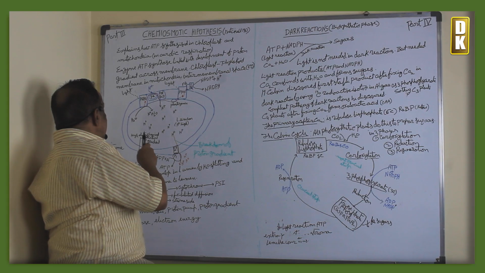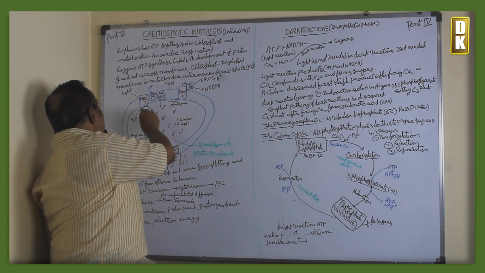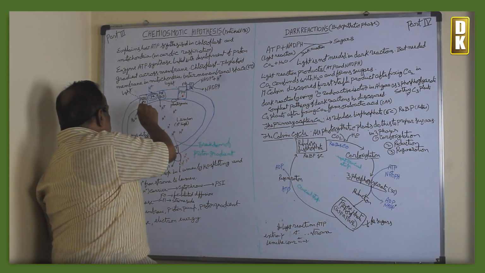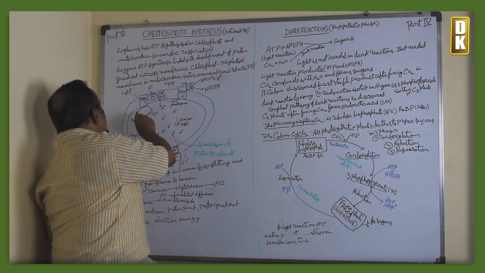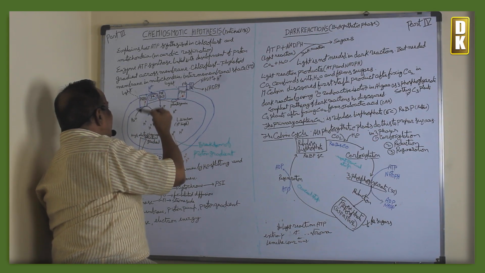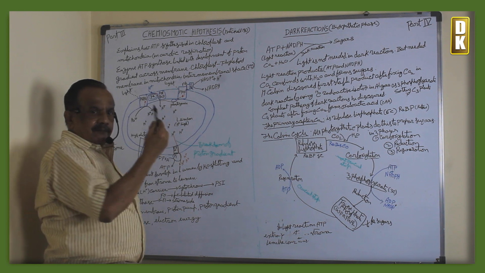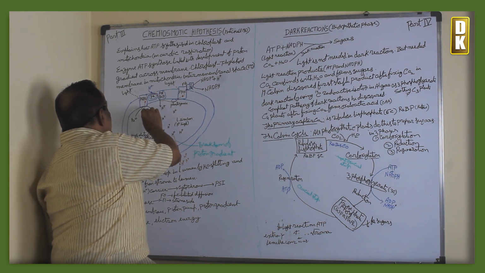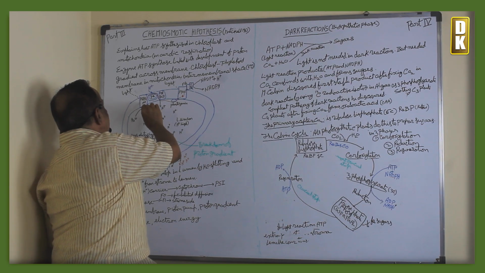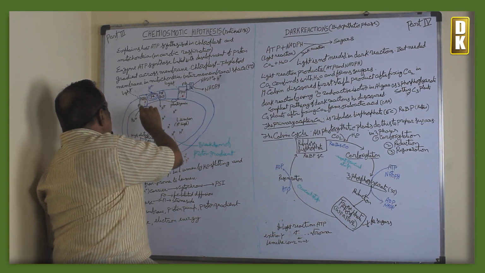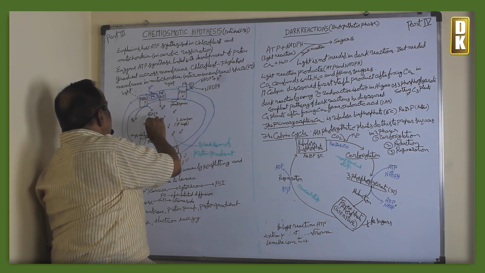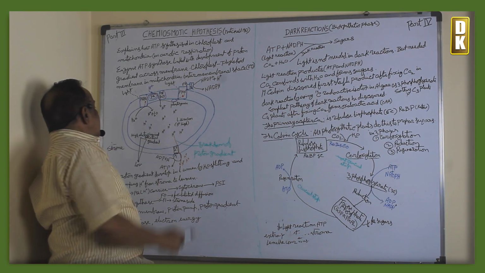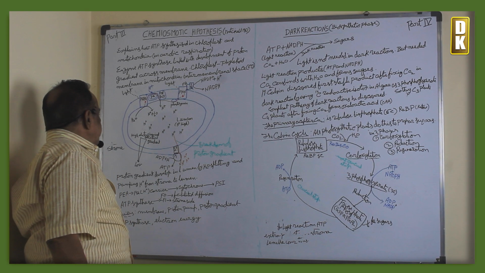This splitting is associated with photosystem 2, and this complex is present inside the membrane, remember it. One electron will go and fill the reaction center of photosystem 2, and protons and oxygen are present in the lumen.